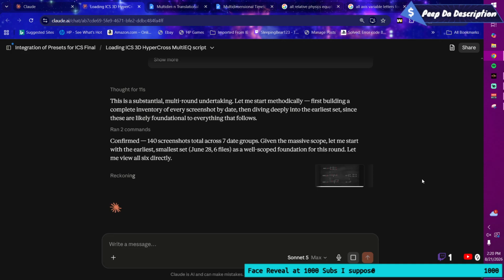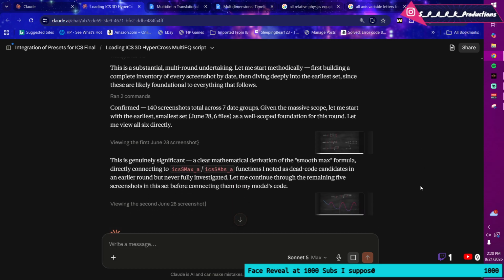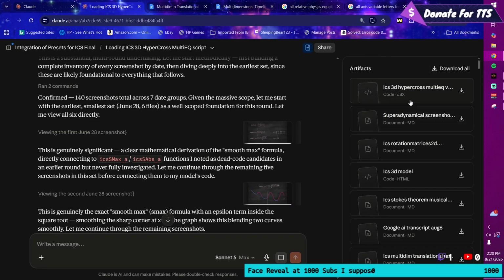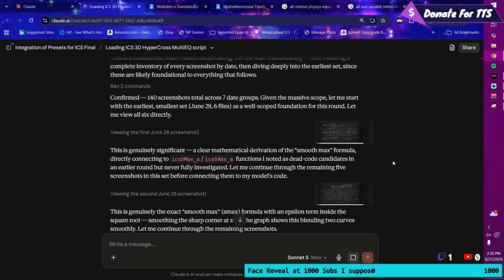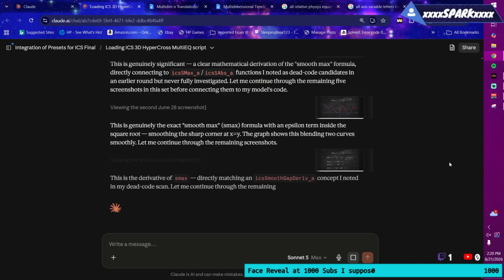Like first, I'm letting it go through each set of screenshots and just become familiar with them, because I wanted to have that in the context window, especially for the rest of the conversation. This is also why I have a running, almost 3 MB log of all the changes, audits, everything that's been going on, and it's helped a lot with fixing issues and errors, because this conversation is extremely long for an AI context window.